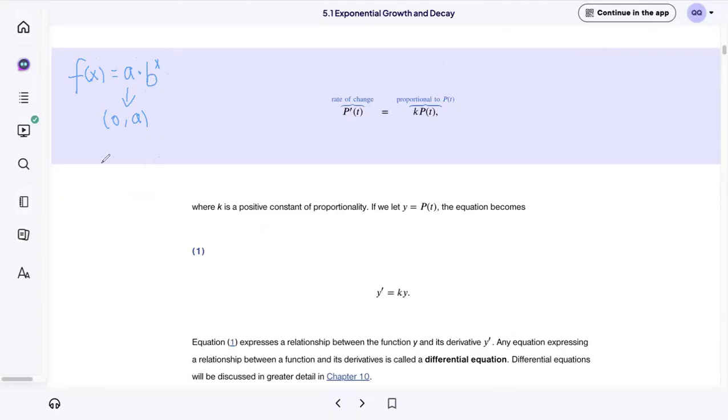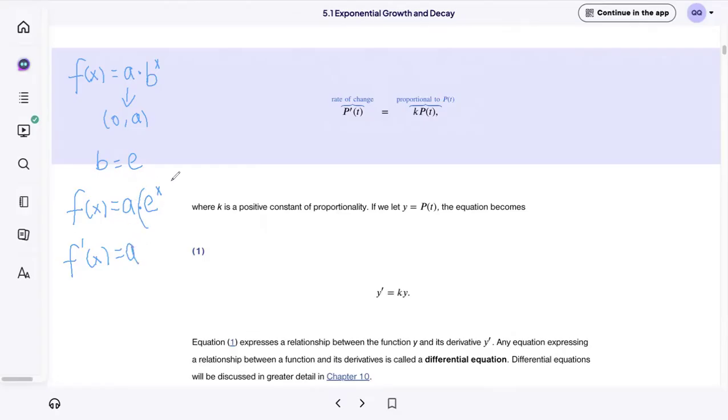And typically we talk about one case, b equals to Euler number, right? So imagine f of x equals to some number, a scalar, multiplied by e raised by x, right? So remember when we differentiate these functions, we can leave a alone, outside differentiation.